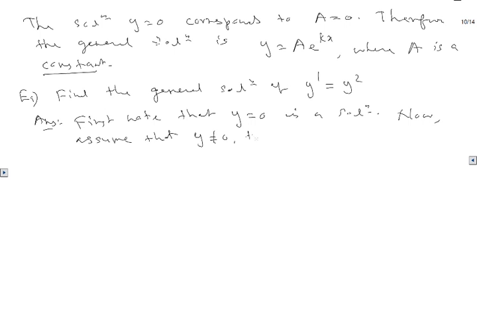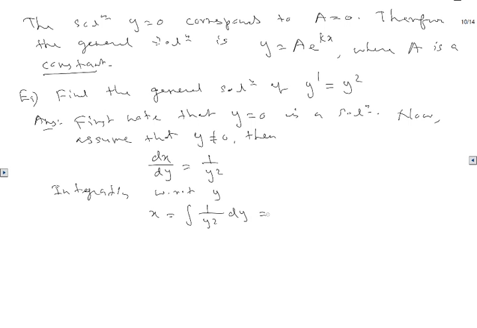So then we can write the equation upside down: dx over dy equals 1 over y squared. Now integrating with respect to y, you're going to get x equal the integral of 1 over y squared dy. This is very easy to integrate.